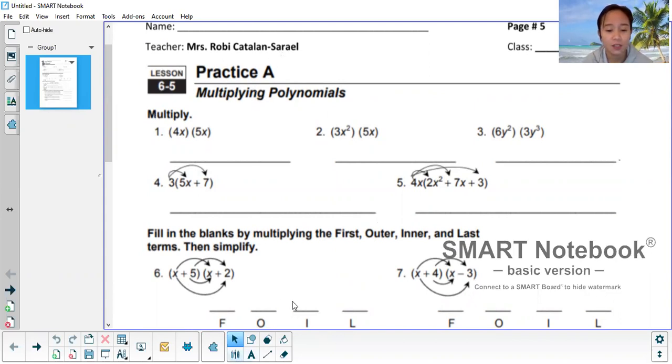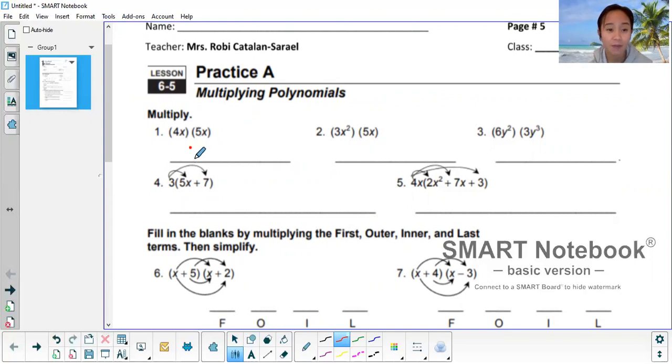So let me use this red marker. If you're multiplying polynomials, you're going to multiply the coefficients, or the number before the variables, and then you add the exponents of those which have the same basis or same variables. For example, this one. 4 times 5, what's that?